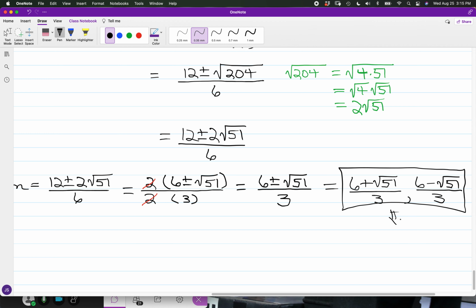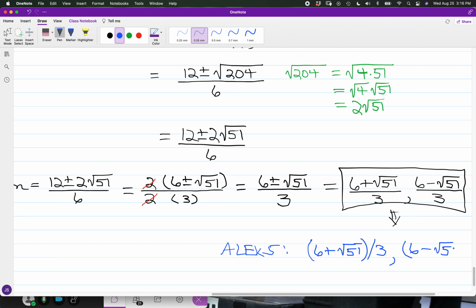But now if you want it in terms of Alex, to get Alex to read this combination, just put parentheses around the numerator terms. If you don't, it'll just take 3 into only the square root of 51, and you want it to also go into 6.